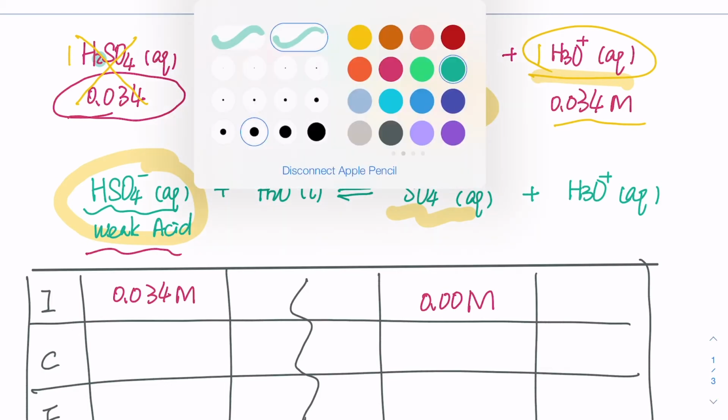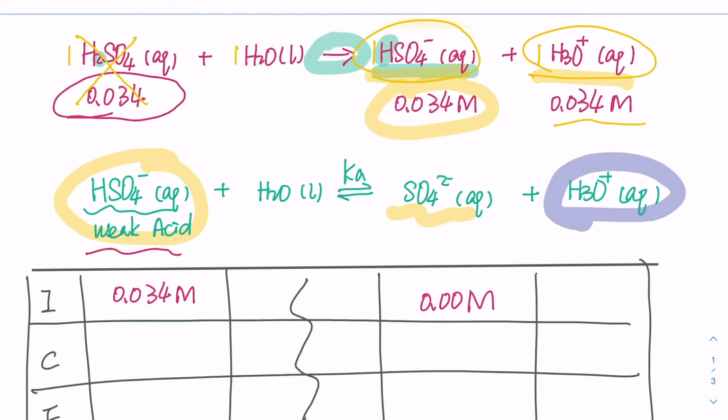Do we have some hydronium ion before this weak acid starts to ionize? Yes, we do, because from the very first step, from sulfuric acid, we generated 0.034 molar of hydronium ion. That's why this is so important.